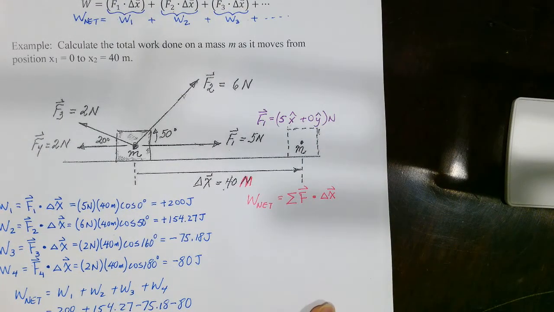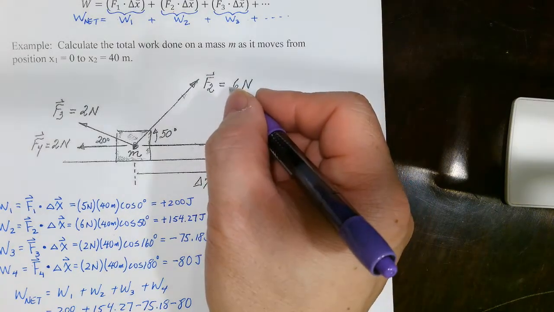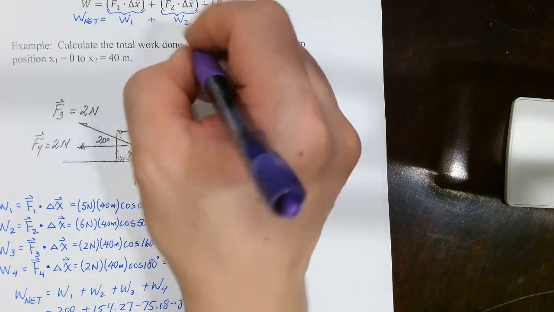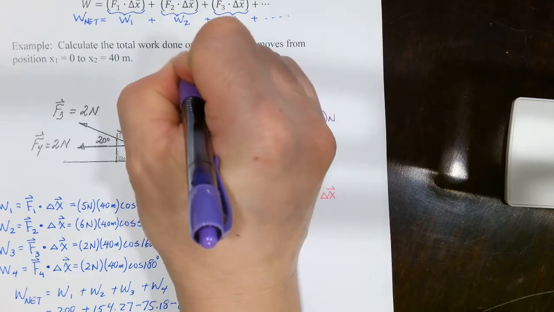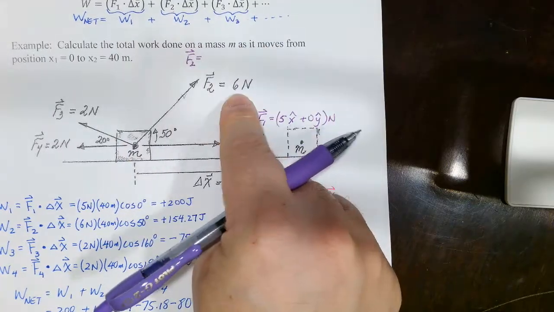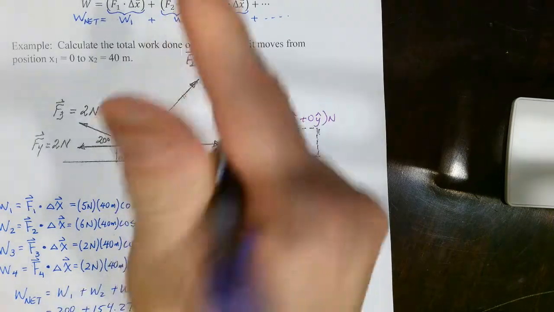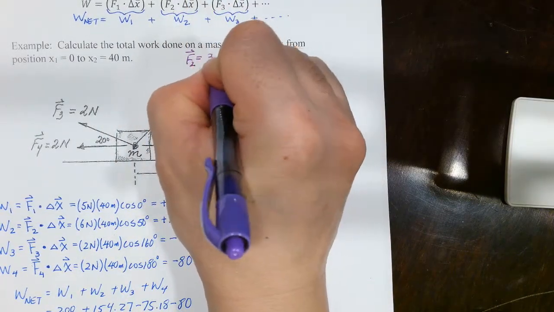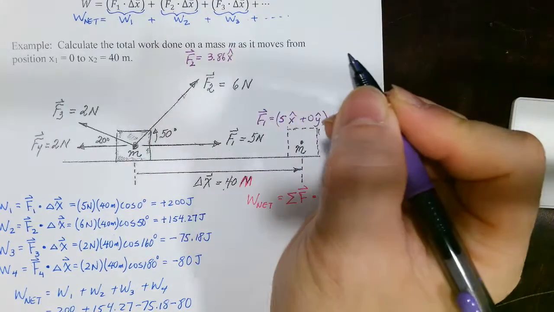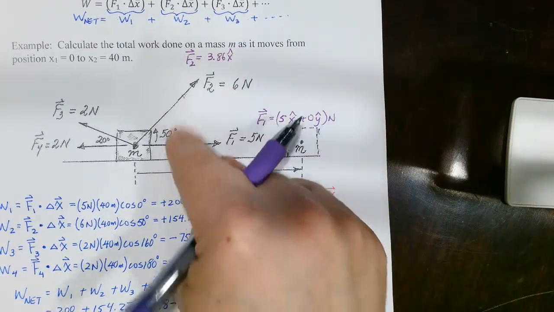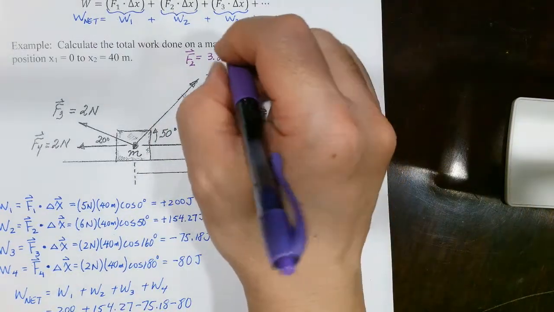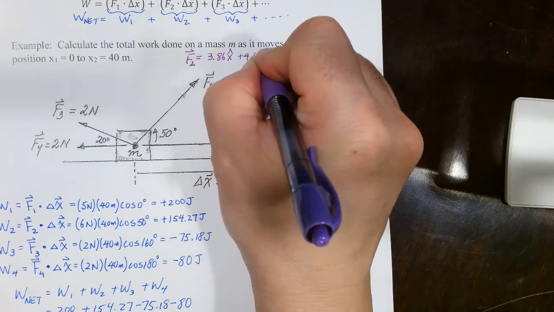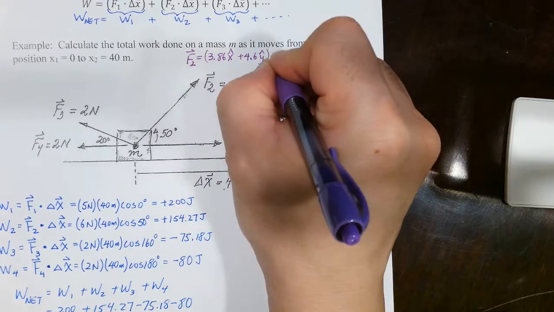Your F2 is nothing more than 6 times cosine of 50, which is 3.86 x hat, and then 6 times sine of 50, which is 4.6 y hat newtons.